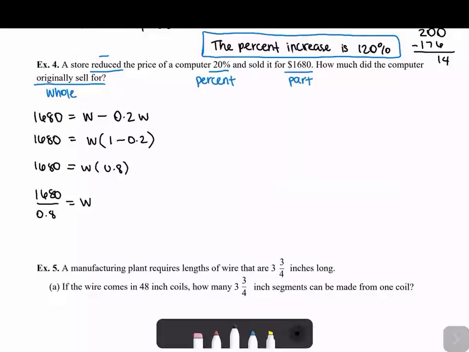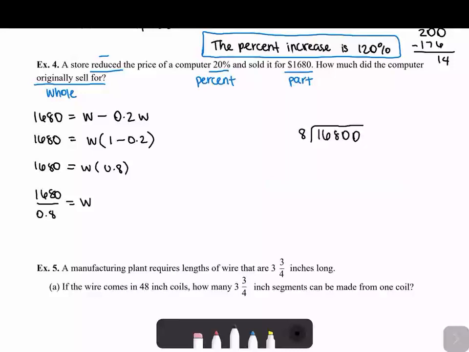Remember that whenever we are dividing decimals, we just change the problem so that we're really dividing whole numbers. So instead of 1680, I'm going to multiply it by 10, and instead of dividing by 0.8, I'm going to divide by 8.